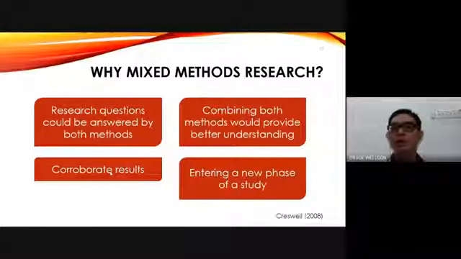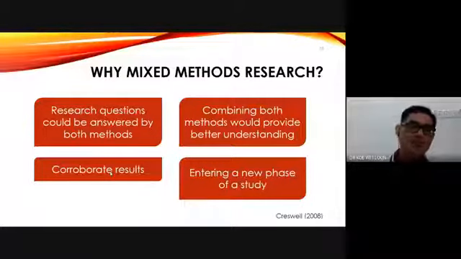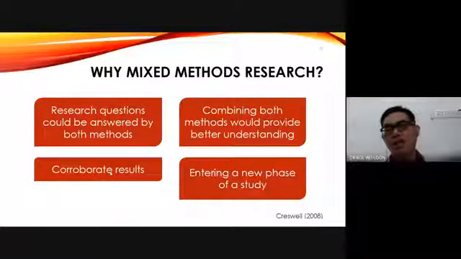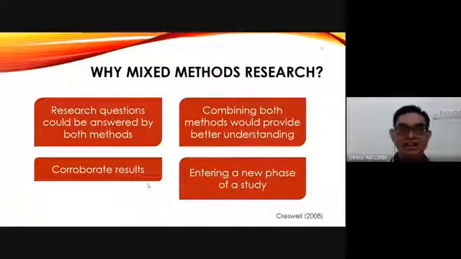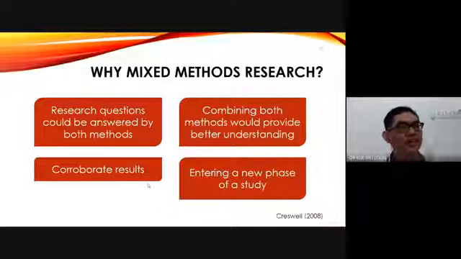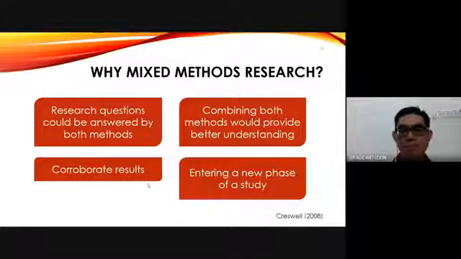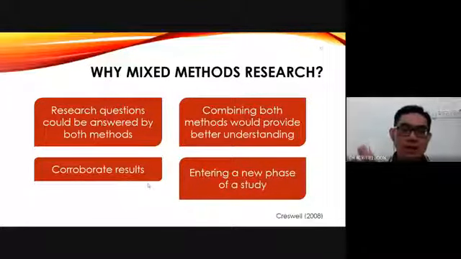For example, through quantitative research, when you use a questionnaire, you find out that customers in a restaurant feel satisfied if the food is nice or delicious.